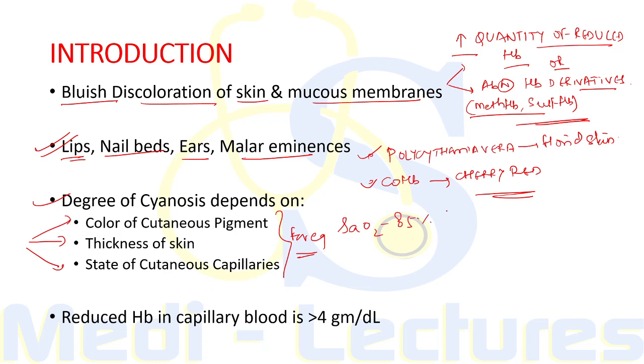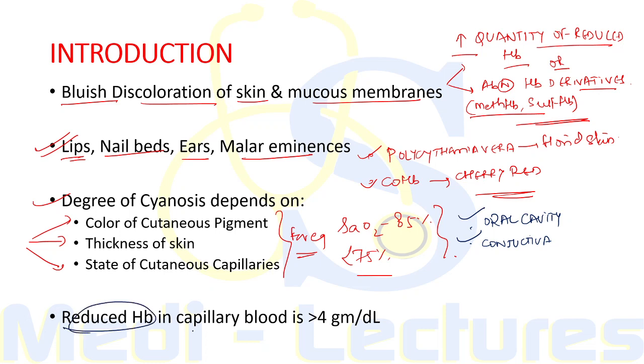On the other hand, in a dark skinned person, it may not be detected until it declines to less than 75%. Therefore, examination of mucous membrane of oral cavity and conjunctiva is more important rather than the examination of skin. In general, cyanosis becomes apparent when the reduced hemoglobin in capillary blood is more than 4 gram per deciliter.